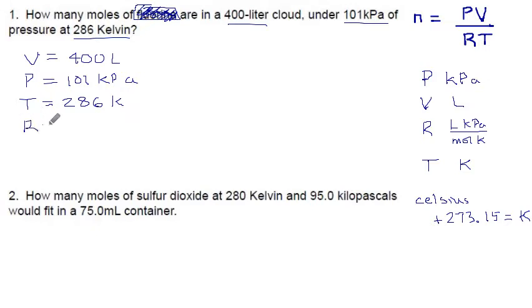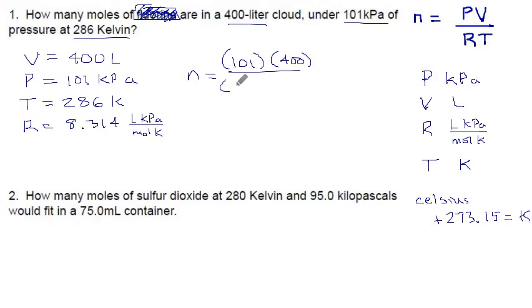And the ideal gas constant is always 8.314 liter kilopascals over mol K. So our number of moles will be PV over RT. And out come the calculators.